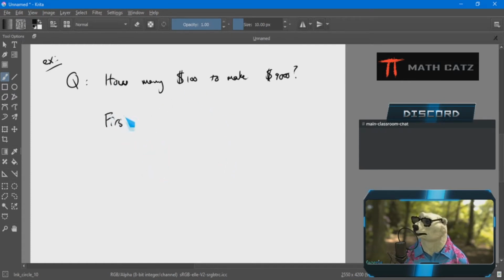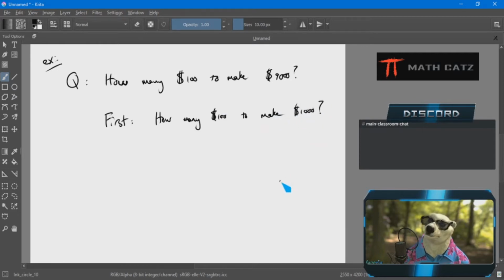Like the one I suggested was, how many $100 bills does it take to make, let's just take 1,000? And that's remarkably easy in comparison because they can count in hundreds, they can get to 1,000. It's not that far out of reach. But getting into that habit of asking simpler, related questions first.